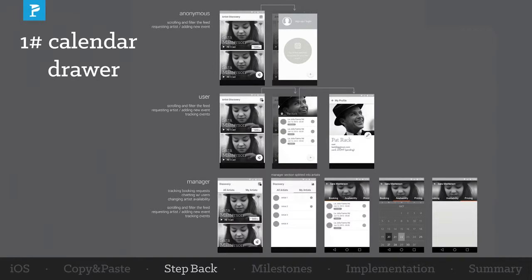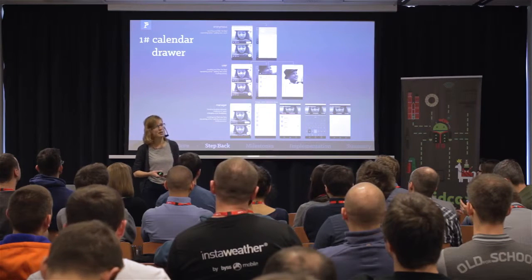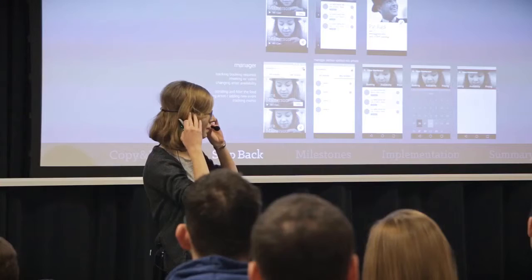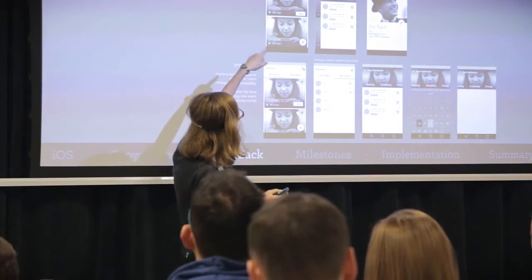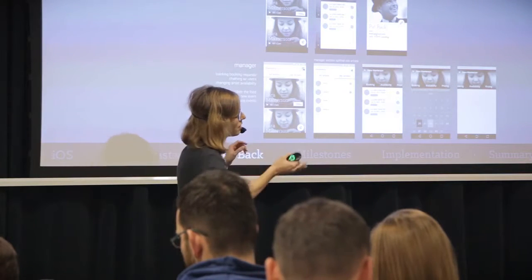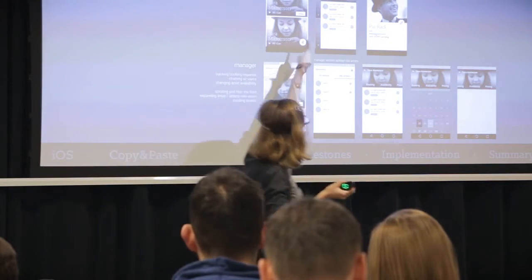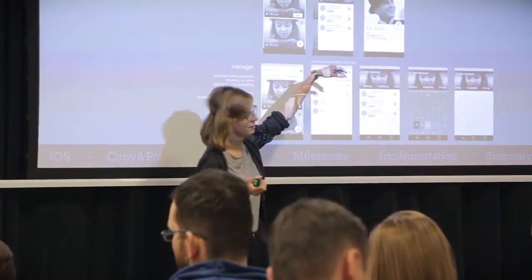In the first idea, we decided to get rid of tabs because that doesn't work in this project. So we based our idea on one drawer. When you tap on the calendar icon, you can access the drawer with a shortcut for your profile and the list of upcoming events.